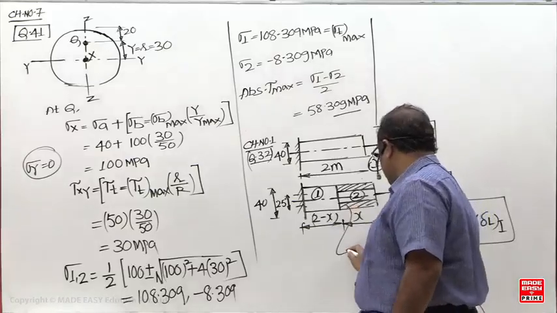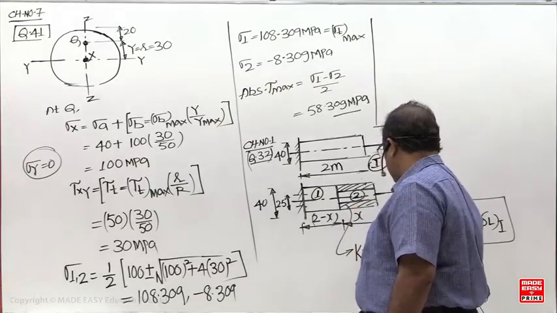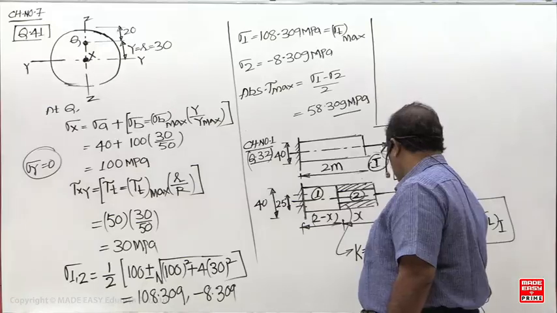For this case, what is the K value now? K is the inner diameter to outer diameter.